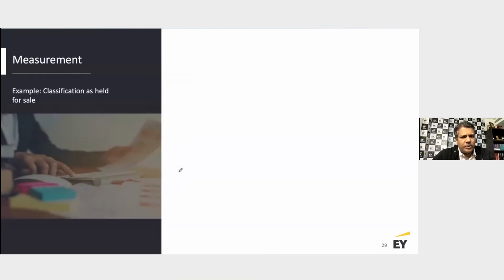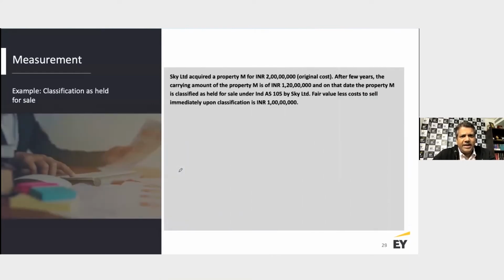So let's look at this example as held for sale. Sky Limited acquired a property M for INR 2 crores. After a few years, the carrying amount of property M is INR 1.2 crore, that means 80 lakhs has been depreciated. On that date, property M is classified as held for sale under Ind AS 105 by Sky Limited.